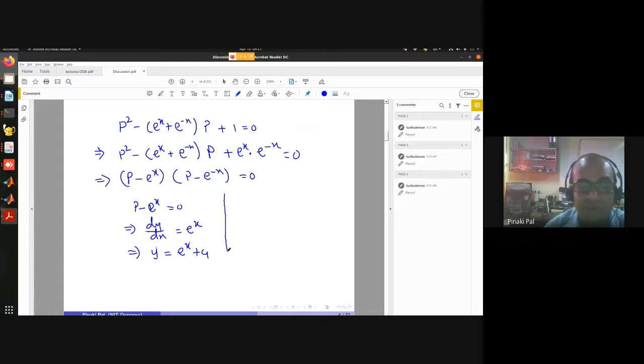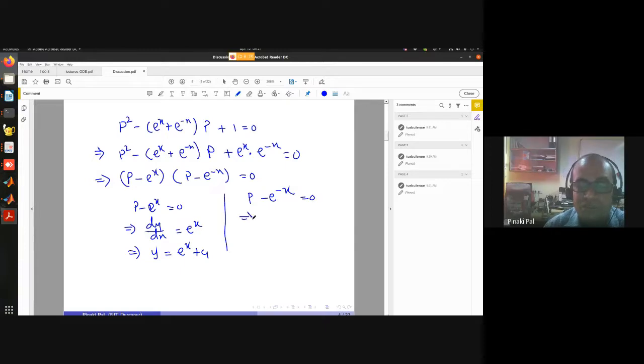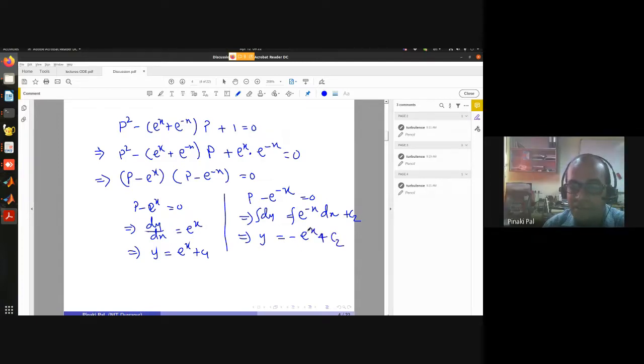And if we consider the second factor, p minus e to the power minus x equal to 0, so dy is equal to e to the power minus x dx. Upon integration, we'll get y is equal to minus e to the power minus x plus c2.